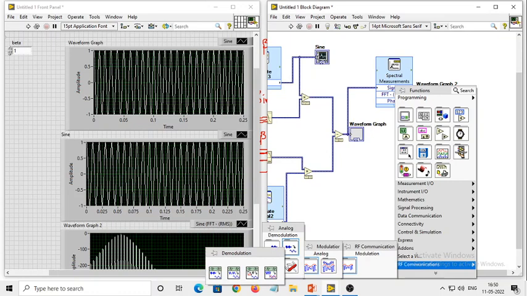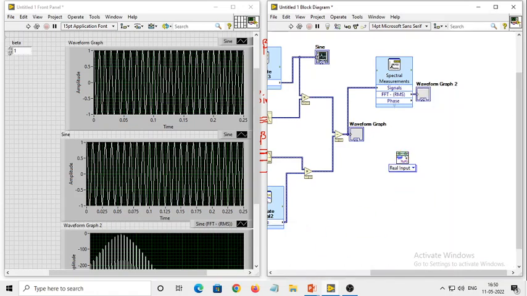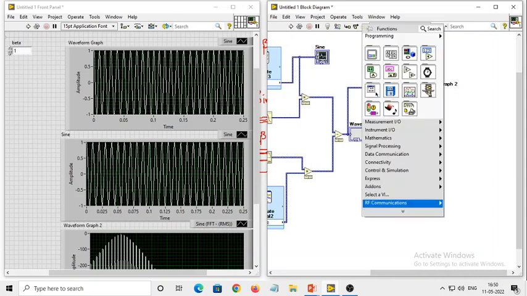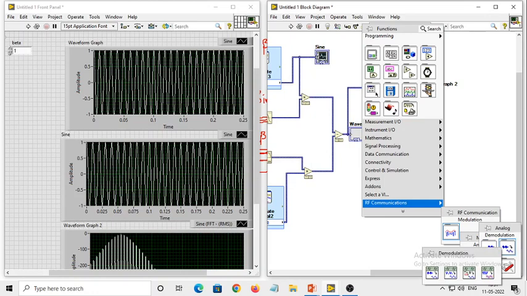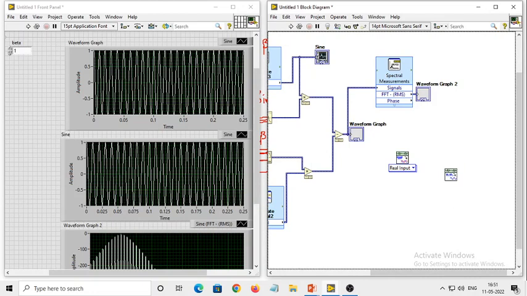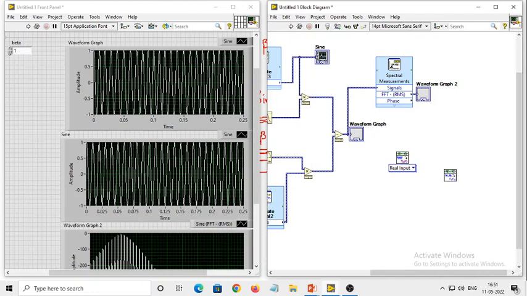So you need to choose demodulation, and the first block we will be using is MT Down Convert Passband. Okay, next right click, RF communication, modulation, analog, demodulation. Then we will be using MT Demodulate FM because we want to demodulate the FM signal. We will be using them.